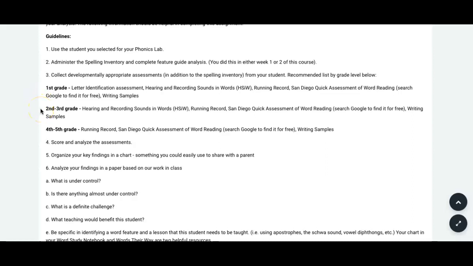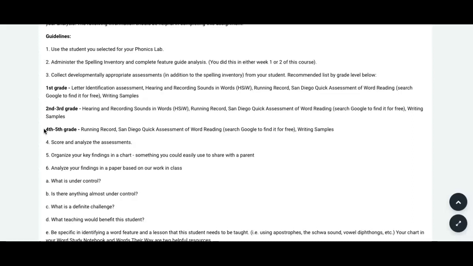Second and third grade, hearing and recording sounds and words, running records, San Diego Quick Assessment of Word Reading, and writing samples. If you worked with a 4th or 5th grader, you're going to have running records, San Diego Quick Assessment of Word Reading, and writing samples.